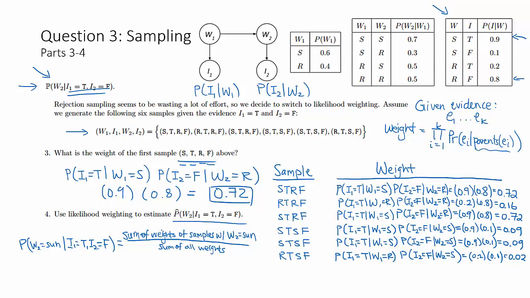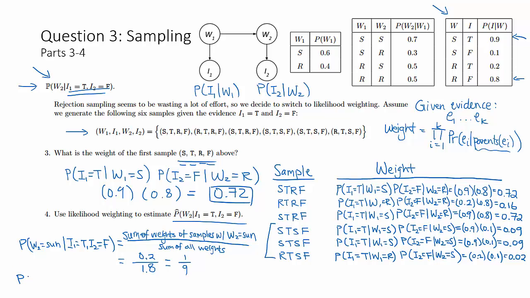The samples with W2 equals sun are the last 3 samples shown here, and the total weight of these samples is going to be 0.09 plus 0.09 plus 0.02. That's a total of 0.2, and the sum of all weights, when you add all of these weights together, is 1.8. And so our estimate for P of W2 equals sun, given that I1 equals T and I2 equals F, is going to be 1/9.